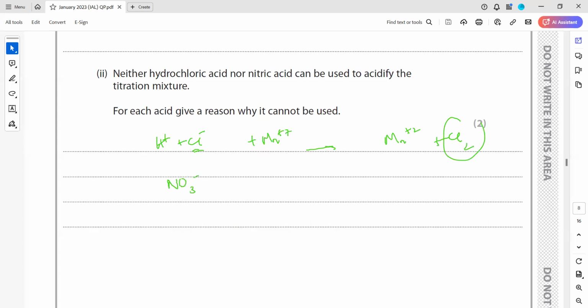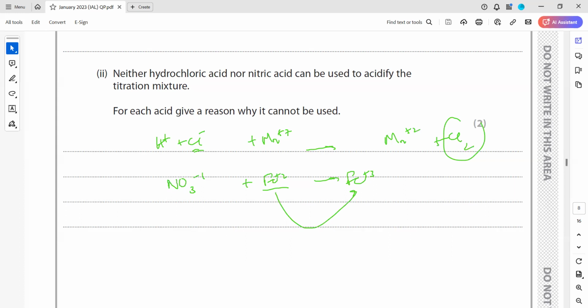Why is nitric acid not used? A nitrate ion is there. These nitrate ions can also react with iron 2 ion and it can form iron 3 ion. So the iron 2 in the solution can turn into iron 3.